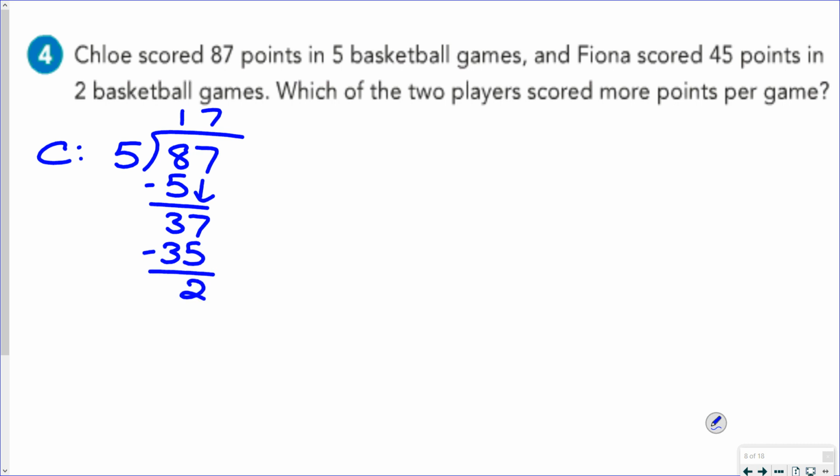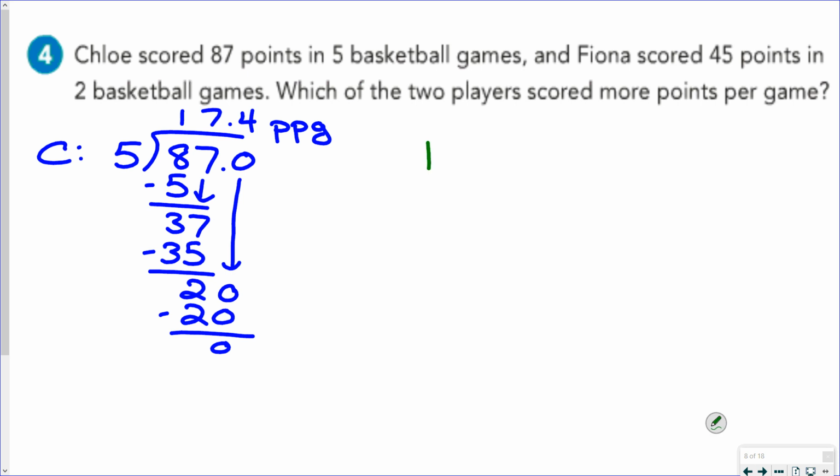You could stop here and write a mixed number, or you could put your decimal point on with a 0. And we would find that Chloe scores 17.4 points per game.